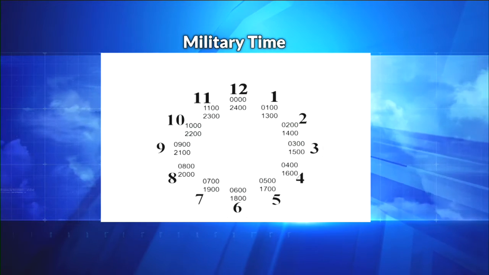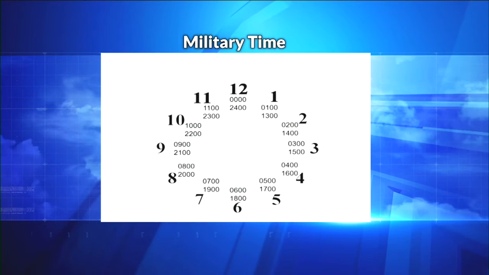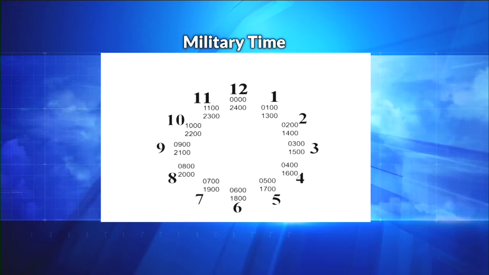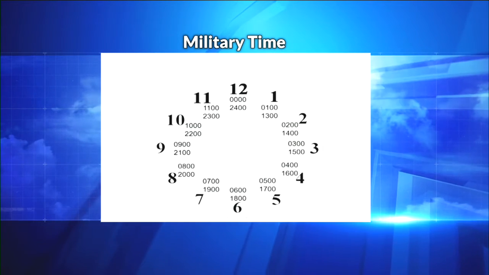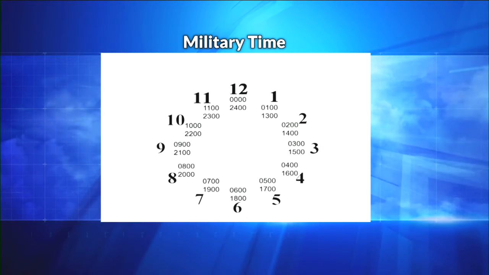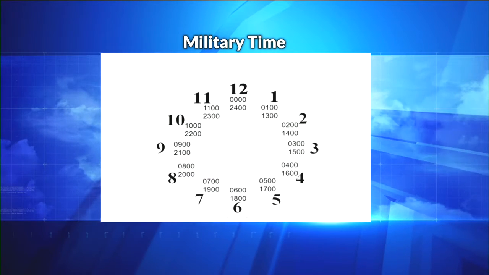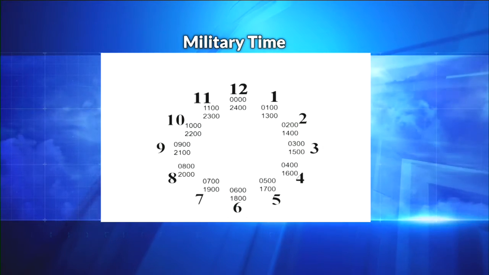Now that's important to us as meteorologists because that's how our data comes into us. It all comes in either in UTC time or in military time. So you need to know when a model initializes, say at 6Z, you need to know what time that is and what it correlates to.